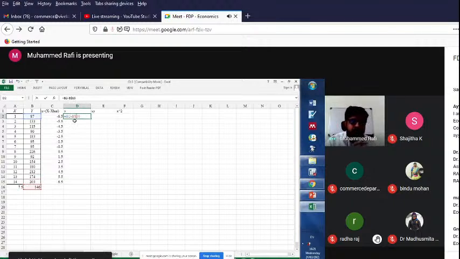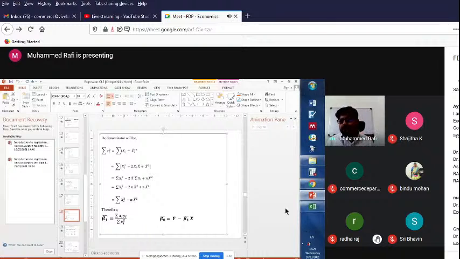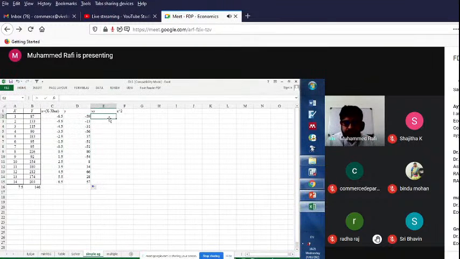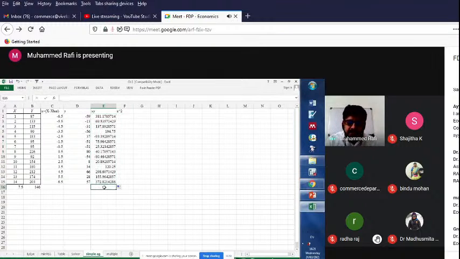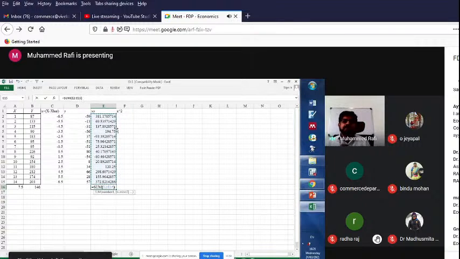Let me put a dollar sign here so that the cell doesn't move. Now you have the small x, small y, and the equation says that you need to multiply them and take the sum. Now, you multiply both x and y. You get xy, and if you take the sum of xy, what you get is the sigma xy. That is the numerator for calculating the beta 1.